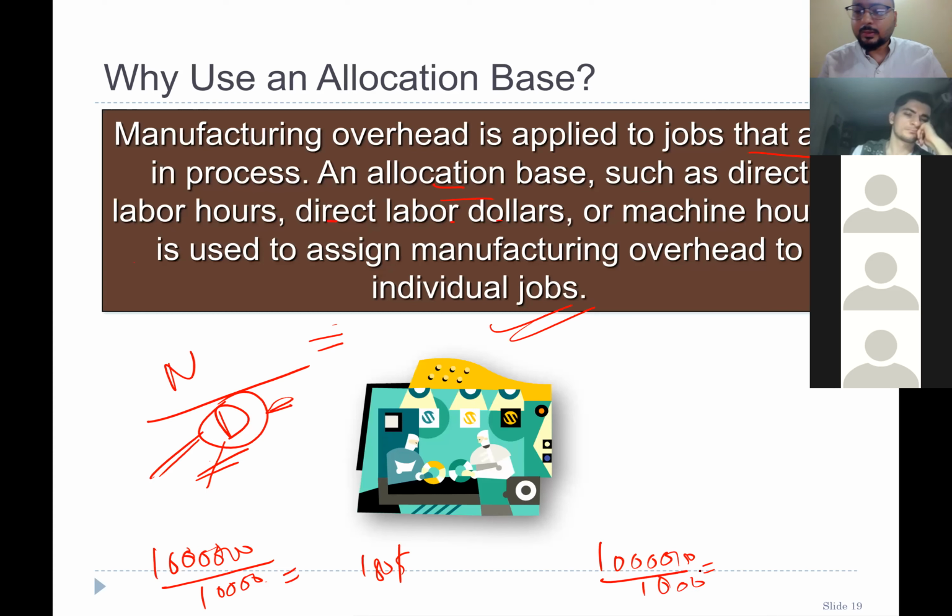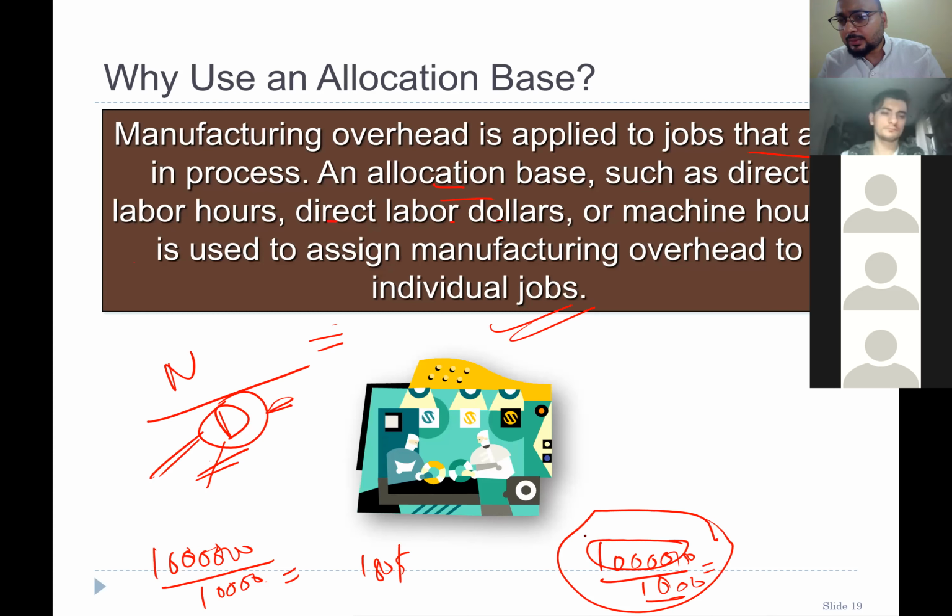So is this allocation of the cost correct or not? It doesn't make sense. Why? Because electricity is not driving this $1 million cost of X-ray machines.